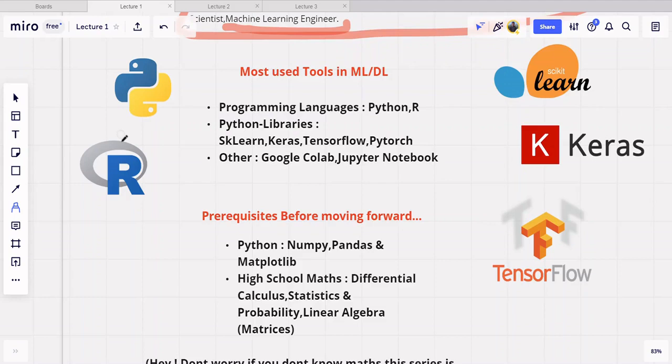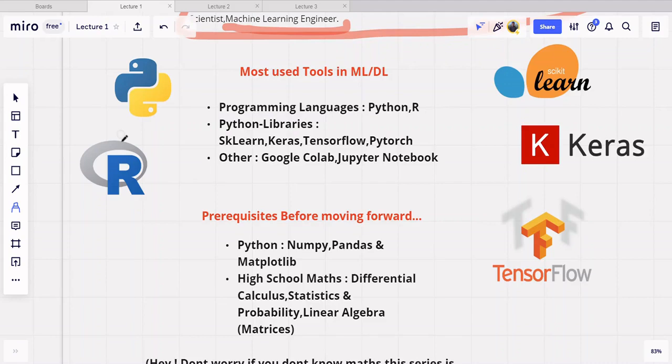Okay, so whenever you will be creating deep learning algorithms, we will be using Keras rather than using TensorFlow, because Keras provides a very simple API, and it's very easy to use as compared to TensorFlow. Okay, so in this particular series, we will be using Python's sklearn library for machine learning, and then we'll use the Keras library for deep learning applications.